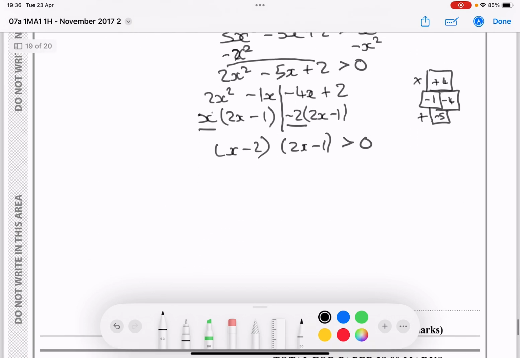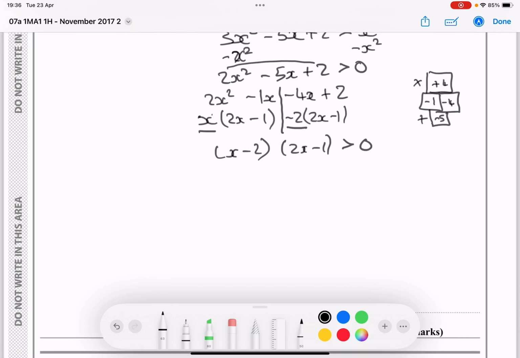Now all I want to do is solve this. So x minus 2 is equal to 0, plus 2 plus 2, x equals 2. And then 2x minus 1 equals 0, plus 1 plus 1. So 2x equals 1.